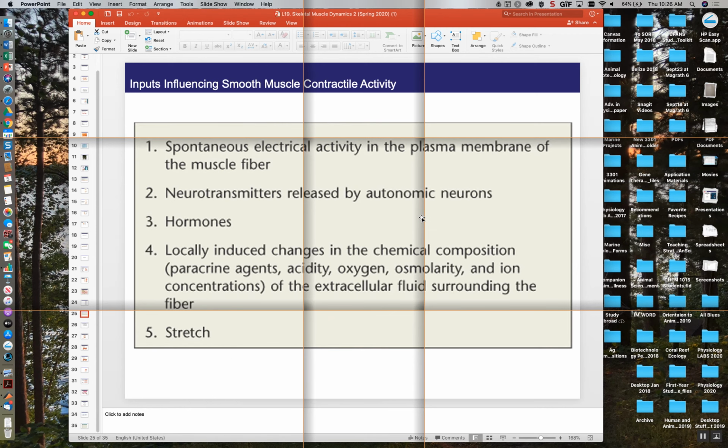Another input, going back to the previous slide, is neurotransmitters. A good example of this is the sympathetic nervous system. If you get really scared, smooth muscle cells constrict blood vessels going to your extremities.